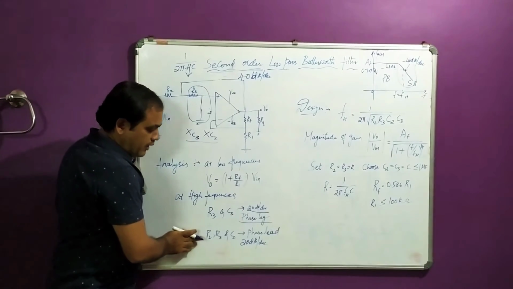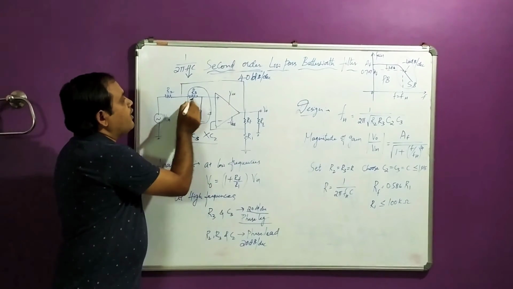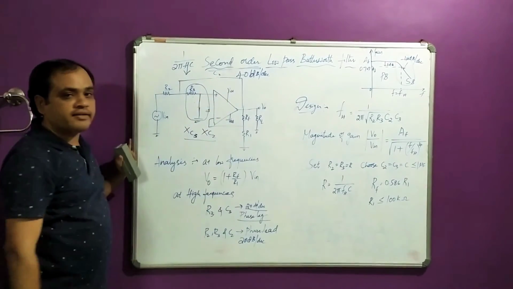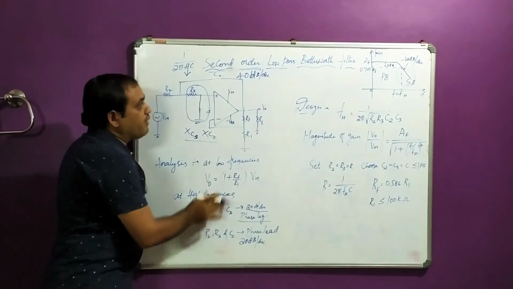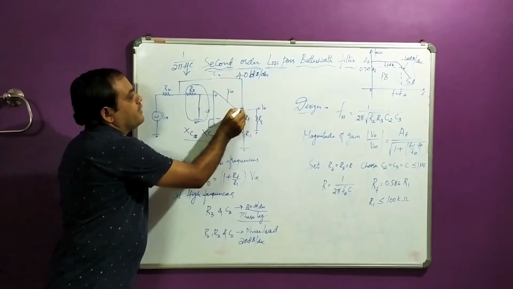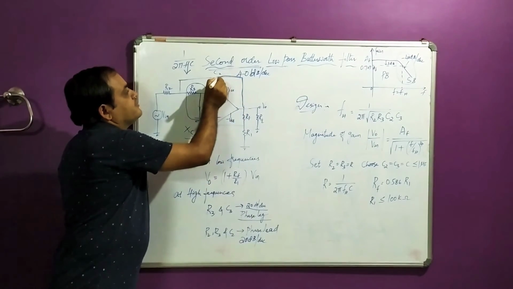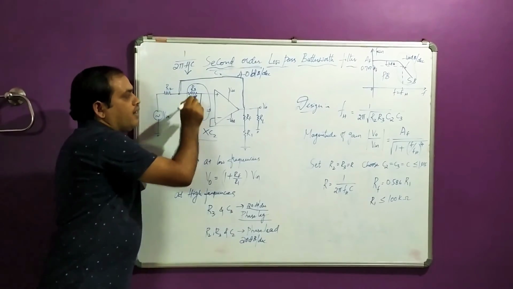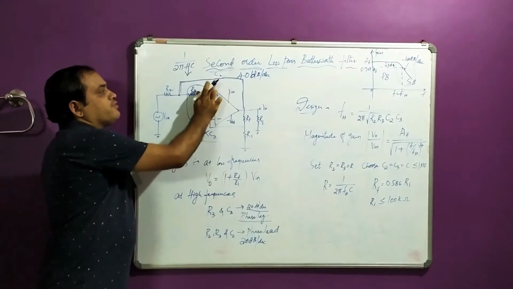Now you come to another one. This R2, R3 and C2, which was about to become short circuit, these three will have an effect. It is connected to the output terminal in the form of a feedback path, coming at this particular junction of R2 and R3, which will have some effect.